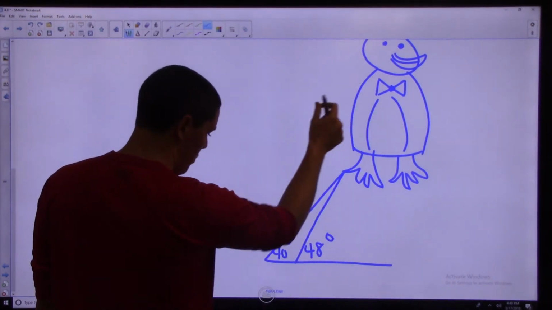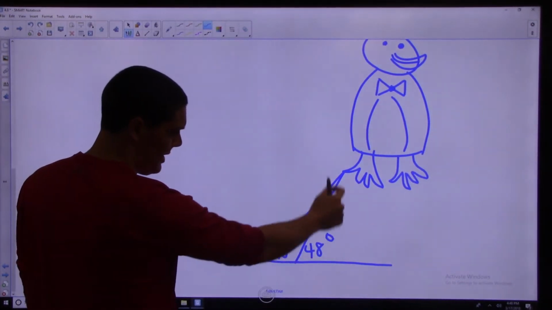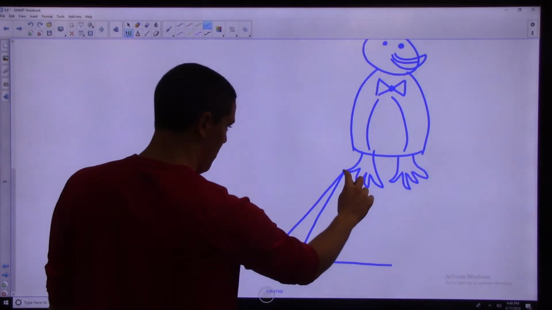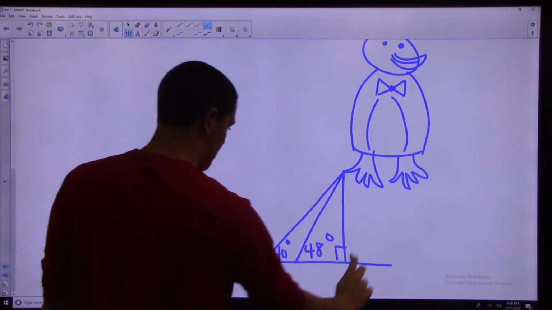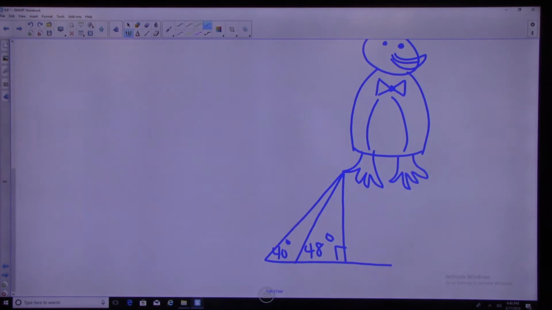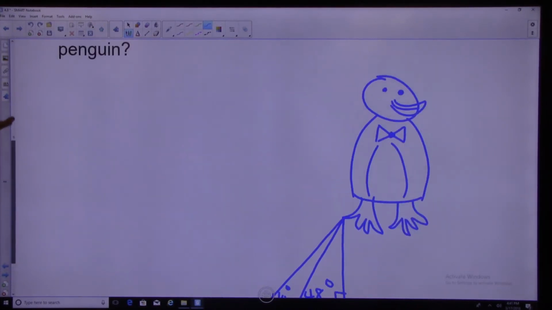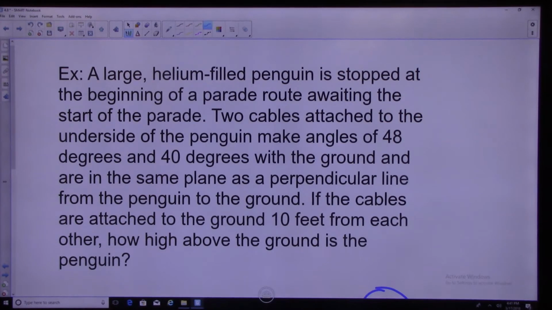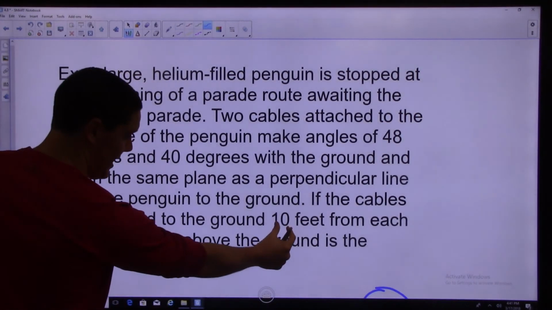What we said is that these cables are going to be coplanar to a perpendicular segment here. So there's my penguin, and there's my drawing, my two triangles. Hopefully that makes sense, how I drew the picture based off of that information. Now, there's one thing I need to list, and that's right here, 10.